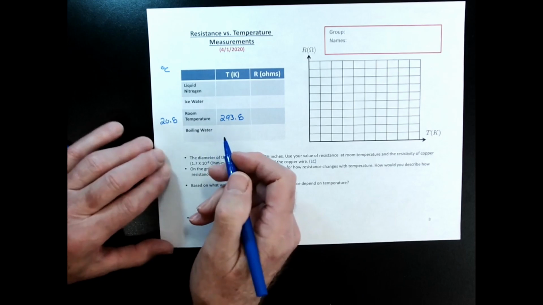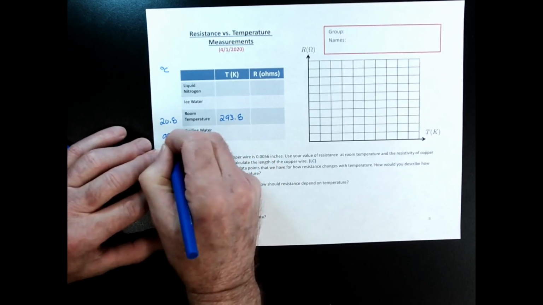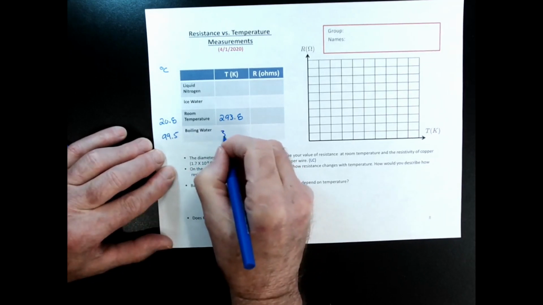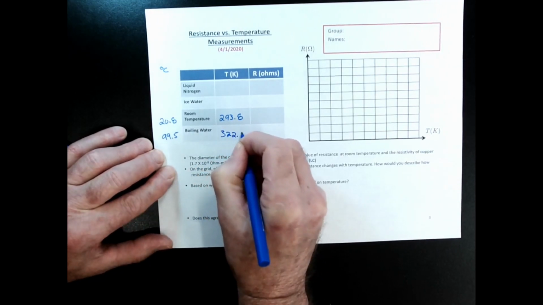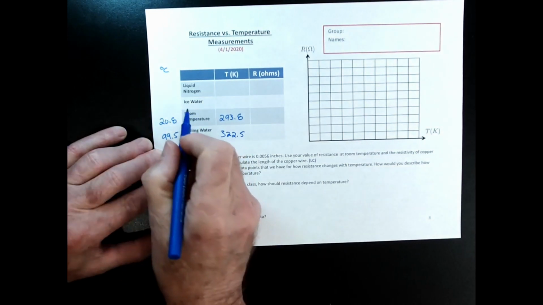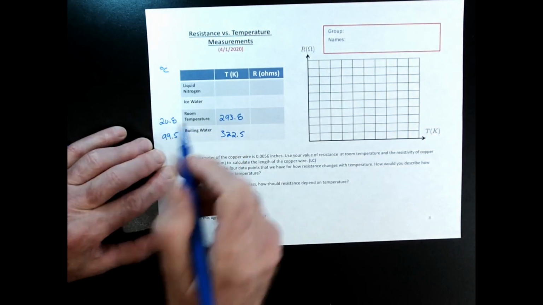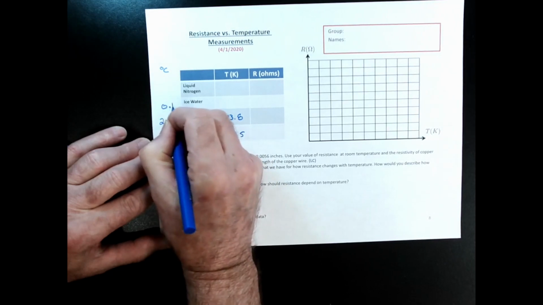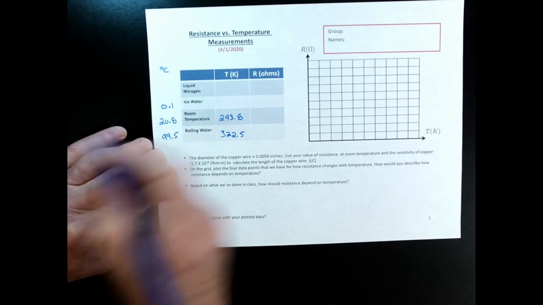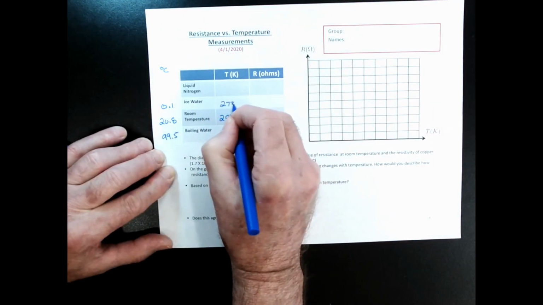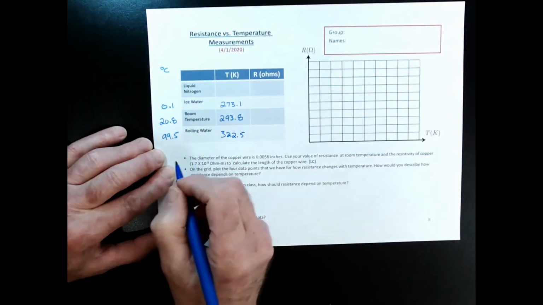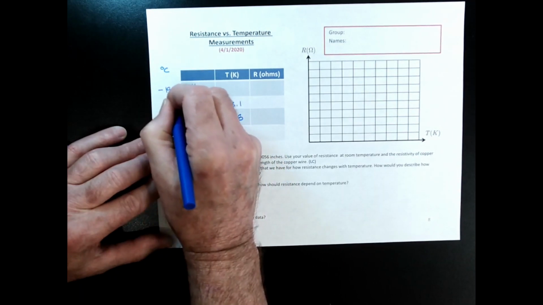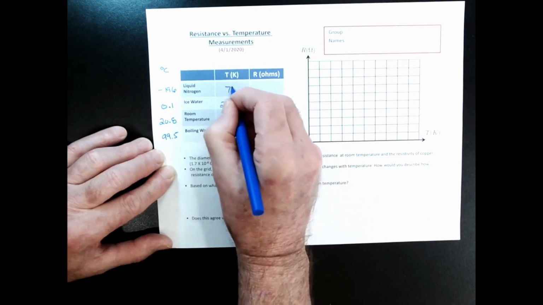For boiling water, they measured that temperature to be 99.5 Celsius, so we get 372.5 Kelvin. And then putting the coil in an ice water bath, that temperature was 0.1 degrees Celsius, so this is 273.1 Kelvin. And then in the liquid nitrogen, which is minus 196 Celsius, or 77 Kelvin.